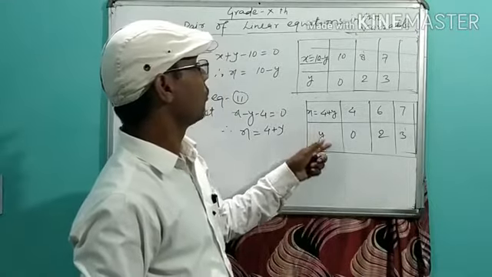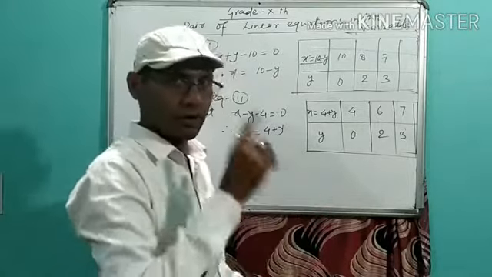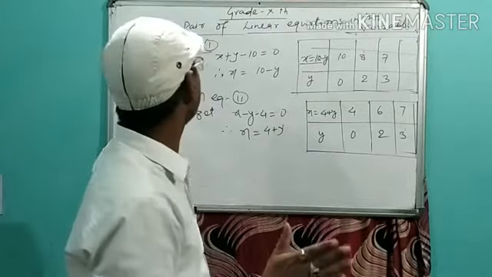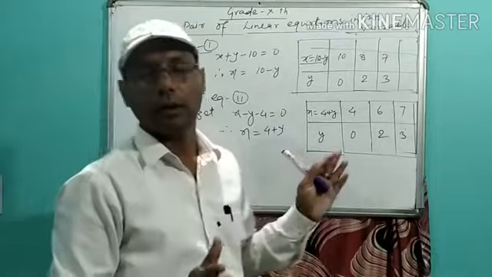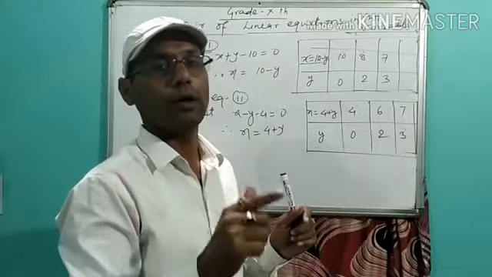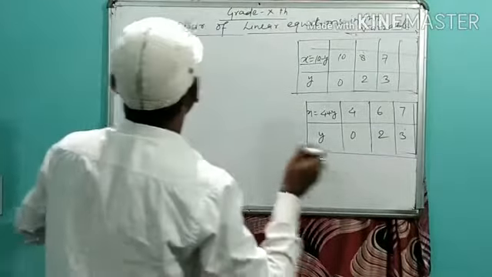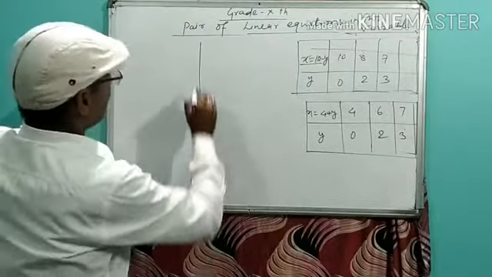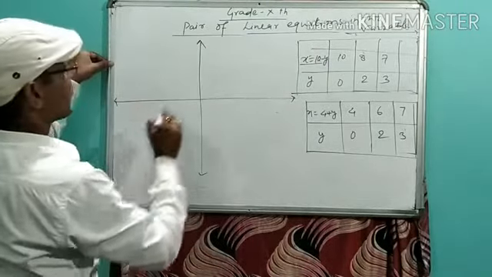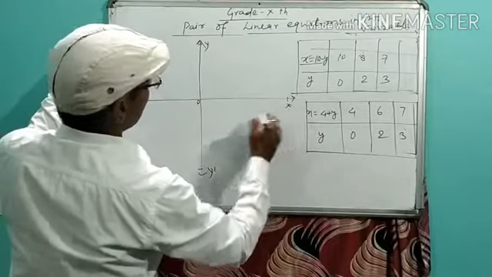By taking the value of y in both cases, now we will represent it on the Cartesian plane to show you which type of graph it will be, in the case of a unique solution, when a1 by a2 is not equal to b1 by b2. Now I am taking a vertical line and a horizontal line to prepare the Cartesian plane: y, o, y dash, x, o, x dash.